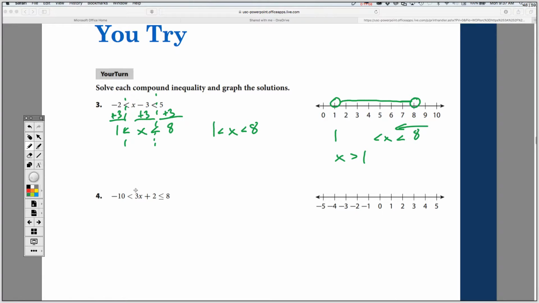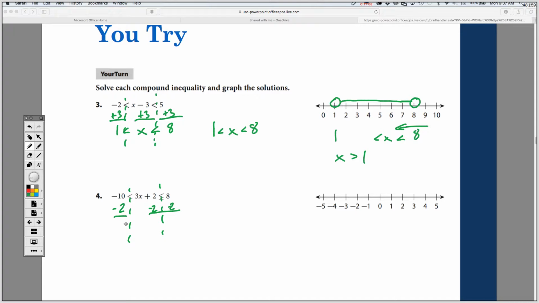Okay, Maricela, how do I do this? Okay, so you're subtracting 2 on all 3. Let's start over here. So you owe me 10, you owe me 2.